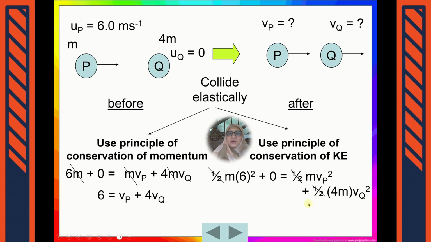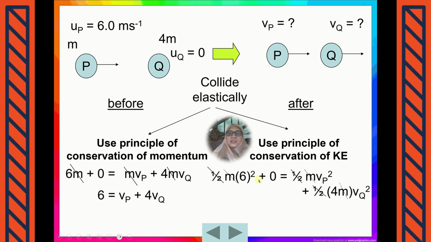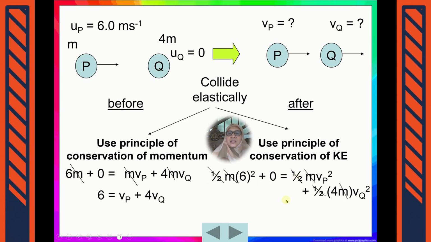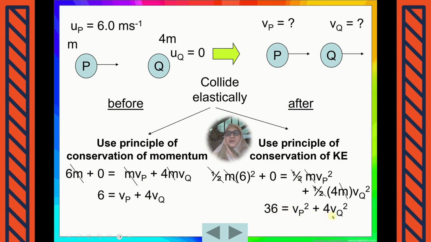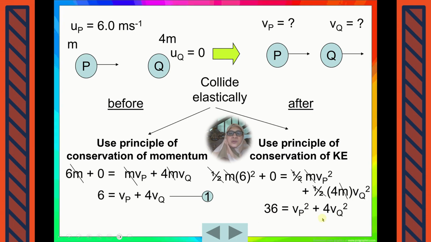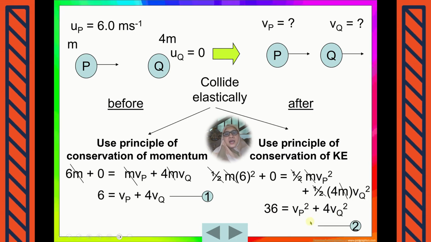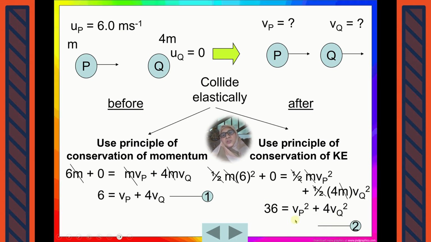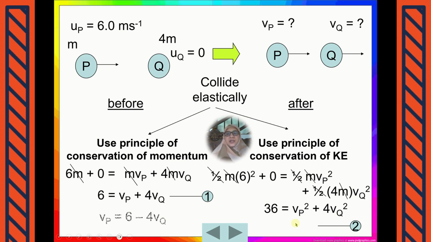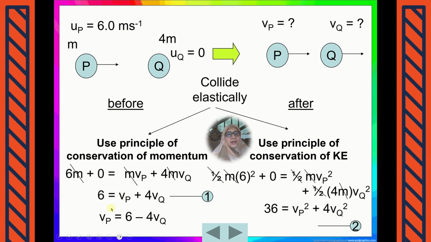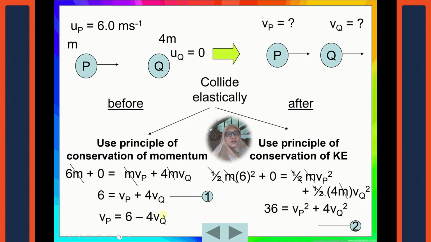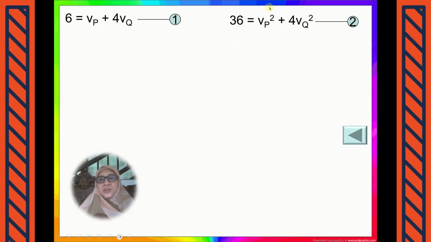We cancel all the halves and m, and we get 36 equals Vp squared plus 4Vq squared. This is equation 2, and we can solve Vp and Vq using simultaneous equations. We rewrite equation 1 as Vp equals 6 minus 4Vq, and then substitute into here.